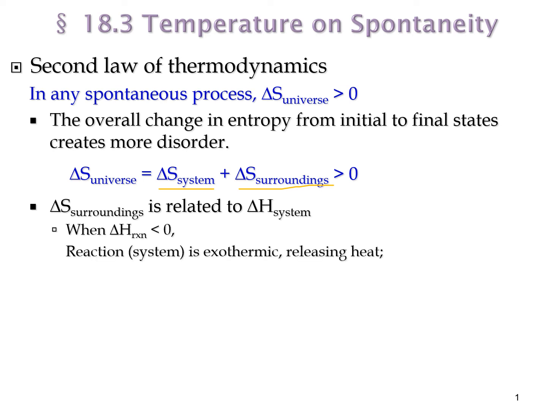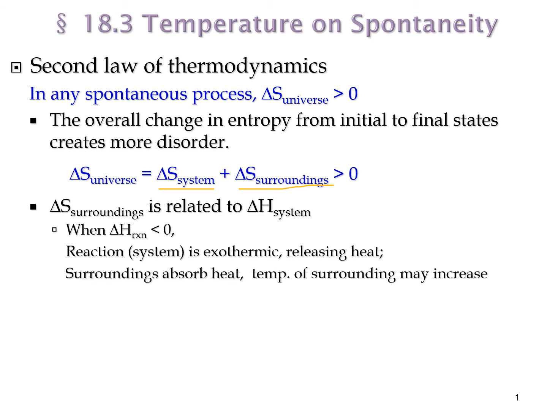Say we have an exothermic reaction where the delta H of the reaction is less than zero. Since delta H of the reaction is negative, meaning that the system loses heat, the heat is being accepted or absorbed by surroundings. There's only two ways for the surroundings to absorb heat. One, the temperature increases as heat is absorbed.